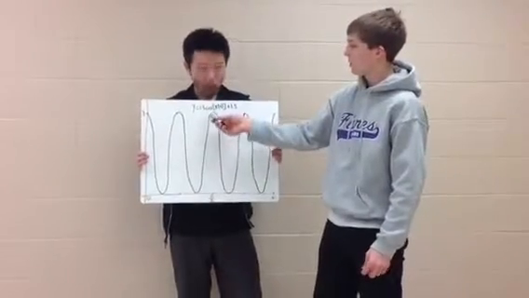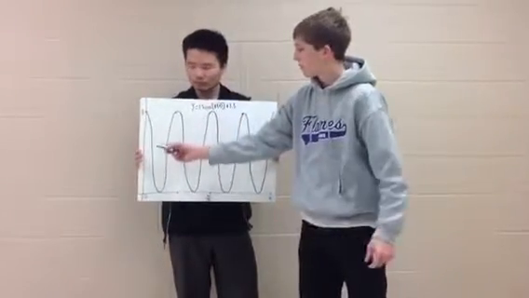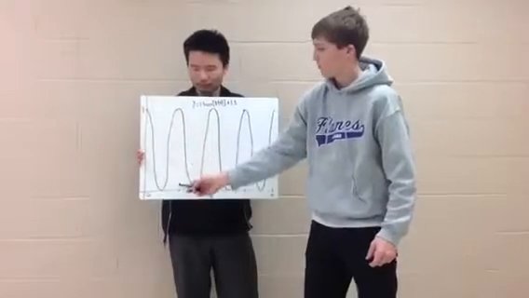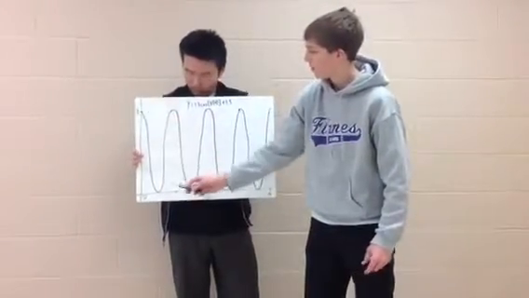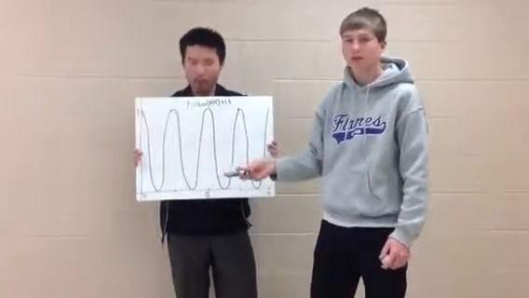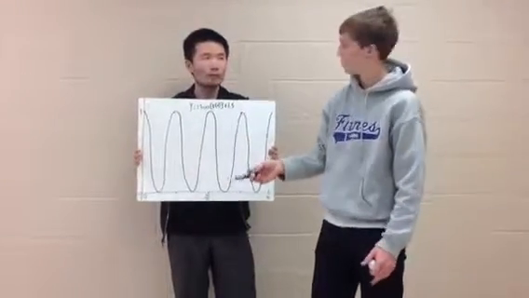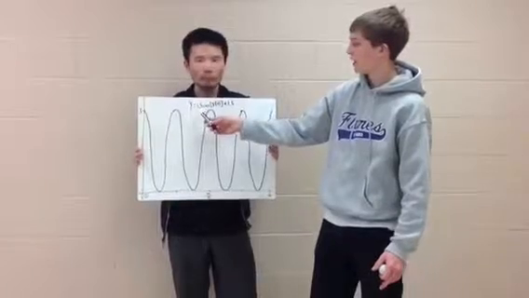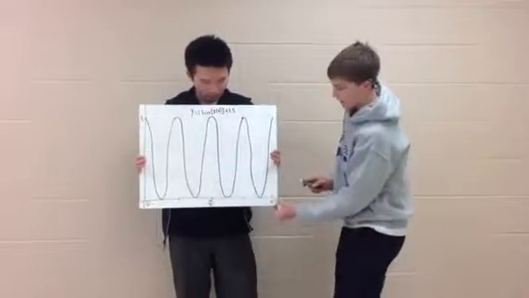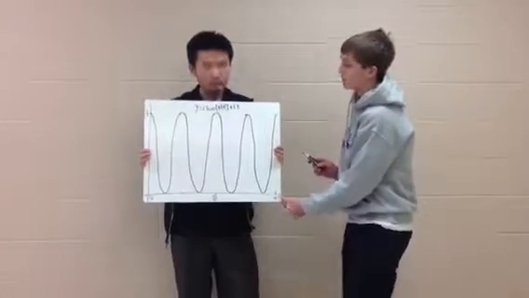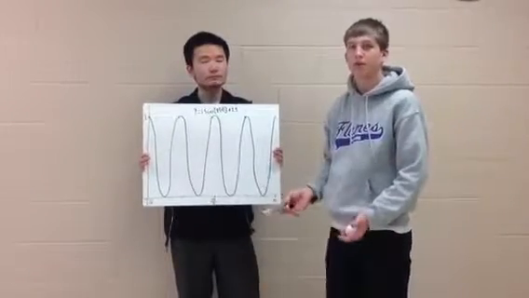The amplitude is just the maximum minus the minimum point, divided by 2. So we take 3 minus 0, which is 3, and divided by 2 is 1.5. So that's our A value. Then we have 4 periods in pi seconds, so that means we would have 8 periods in 2 pi seconds.